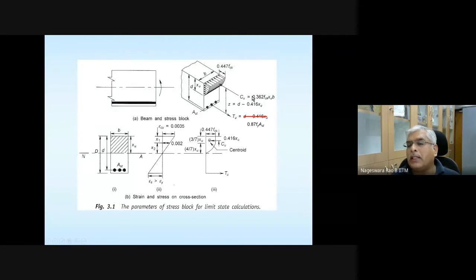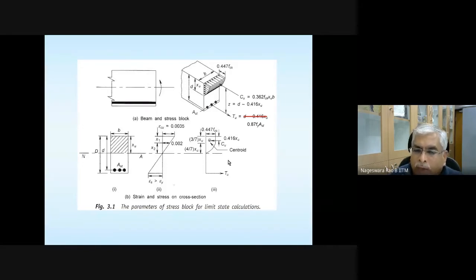As I mentioned, we are going to understand whether this resultant compressive force is correct or not, as well as the location where it is acting from the top fiber, which is going to be 0.416 xu. Any questions? This figure is important, so please take a note of it, and then we'll go further.